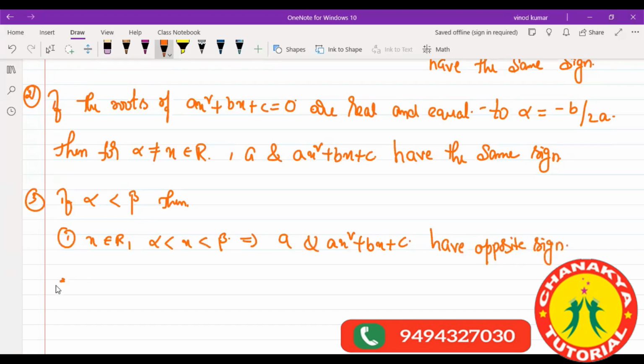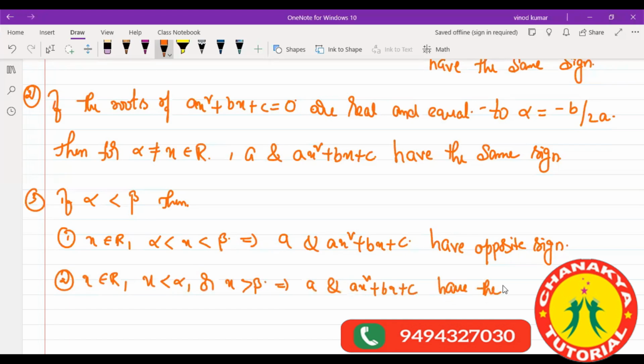And next, if x is a real number with x less than alpha or x greater than beta, conversely, then a and ax square plus bx plus c have the same sign. That's enough.